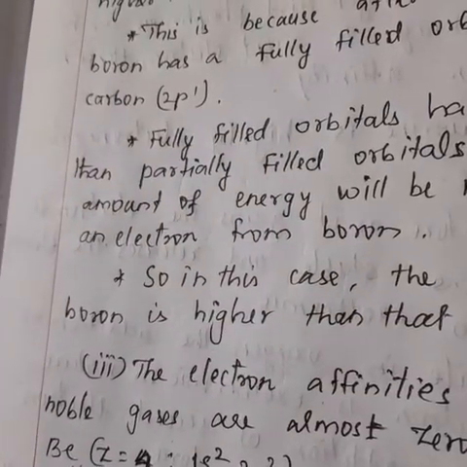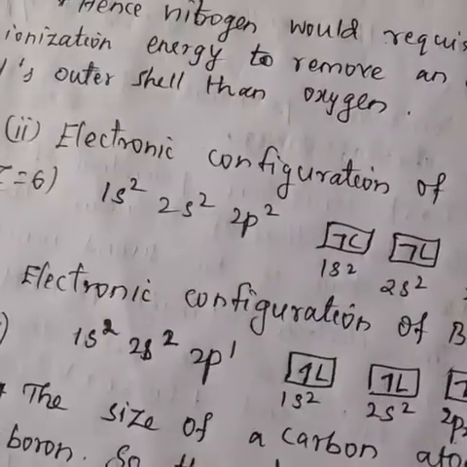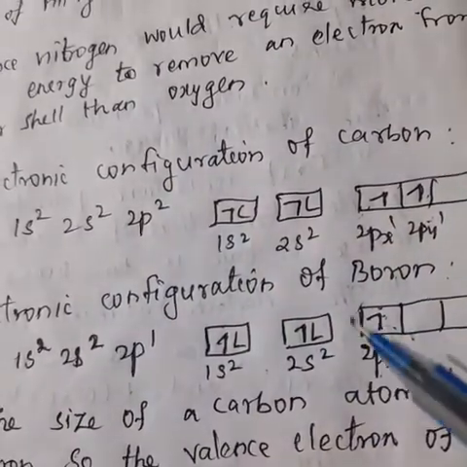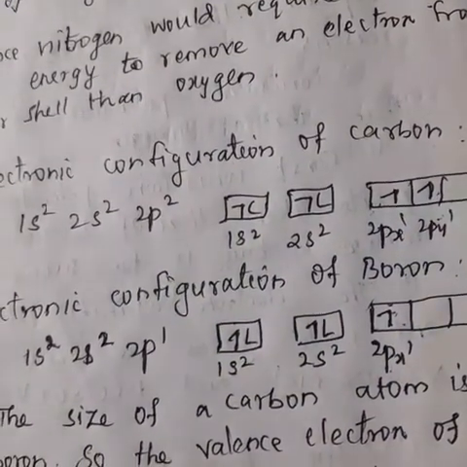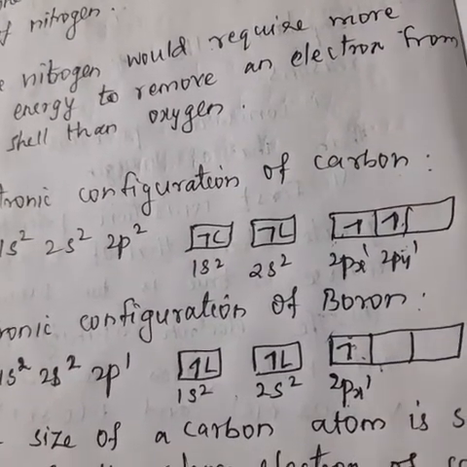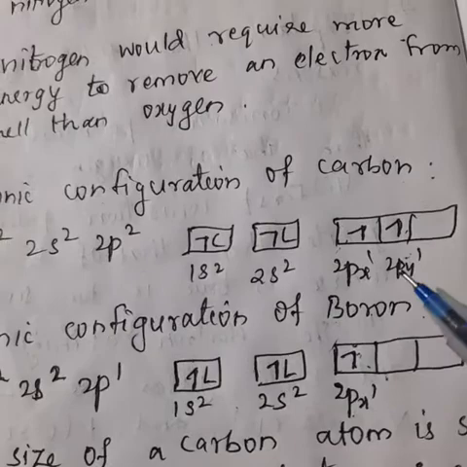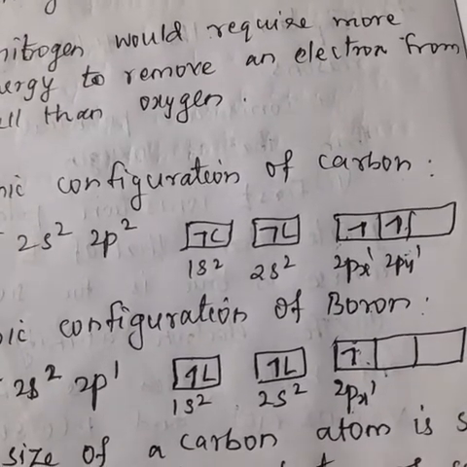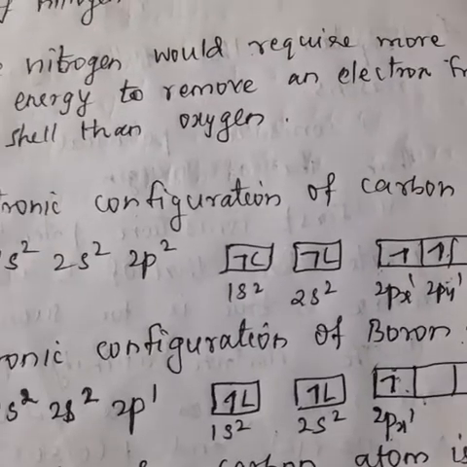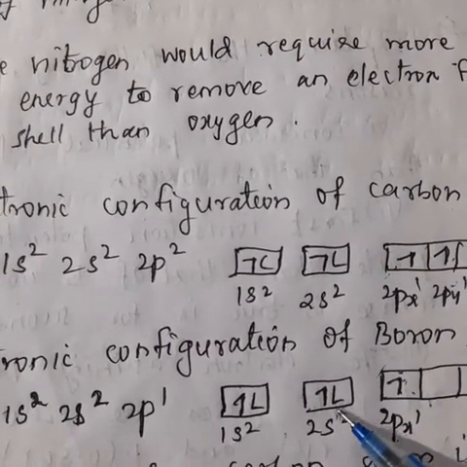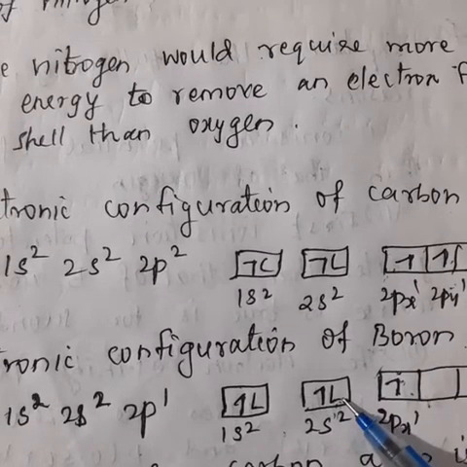So for boron it is completely filled, compared to carbon which has only one electron. So the second ionization energy of carbon is very low, because with only one electron we can easily remove it to get the stable configuration. But boron is now stable. If we want to remove one electron, we should give more energy. Understood?